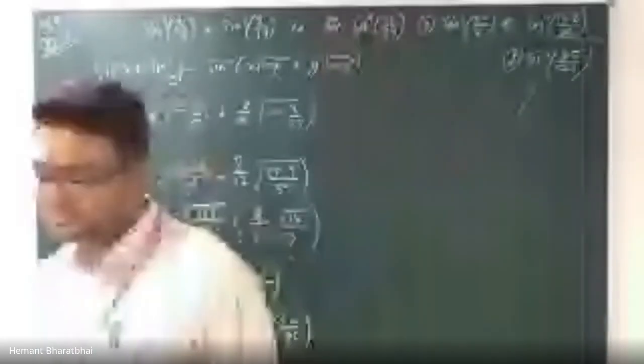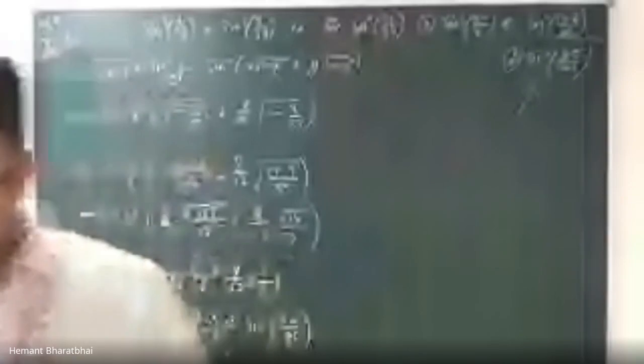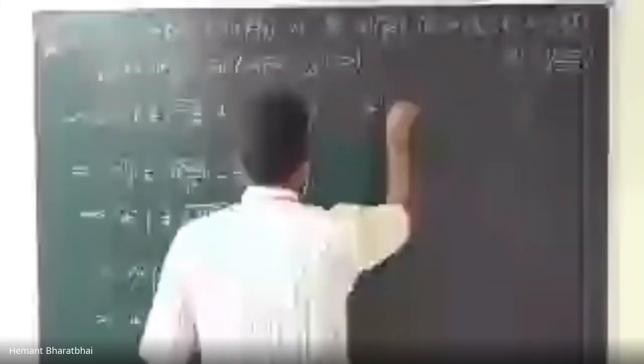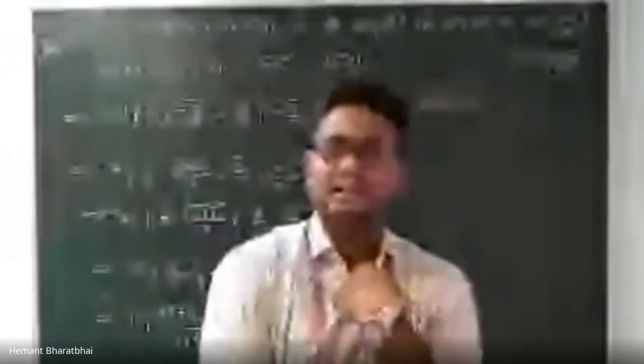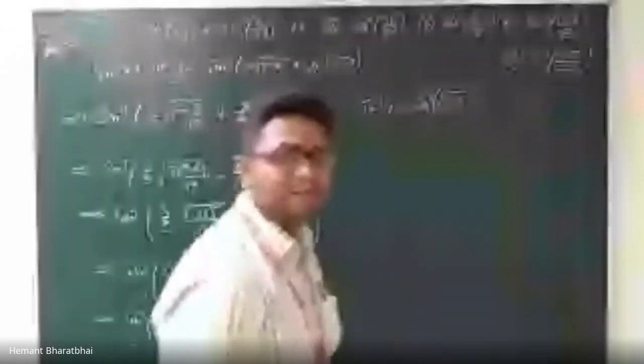Obviously this is not the answer, and all of the options are in terms of cos inverse. Converting to cos inverse. So what is the formula? Sin inverse of x can be written as cos inverse of under root of 1 minus x square. It is similar to trigonometry. From there only we have derived all these things. Cos square theta can be written as 1 minus sin square theta, and therefore I can write 1 minus x square.